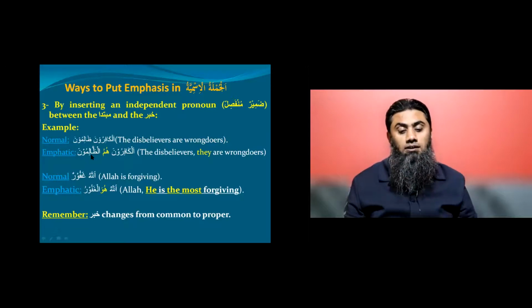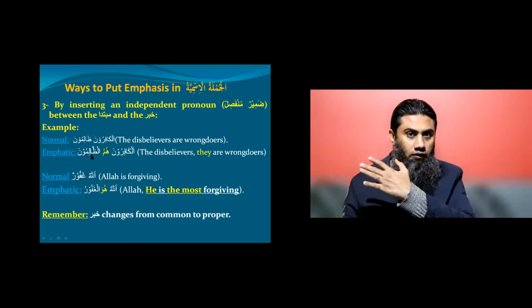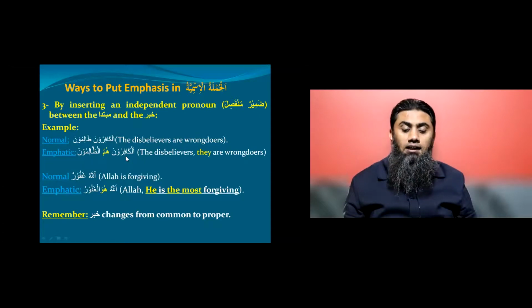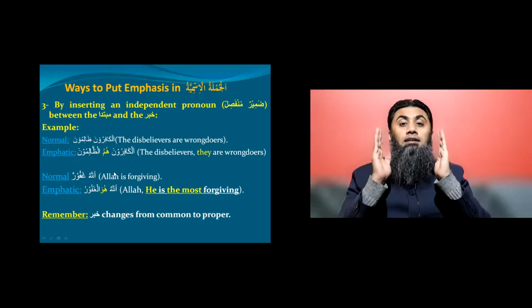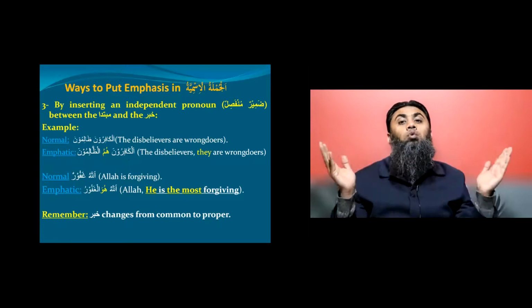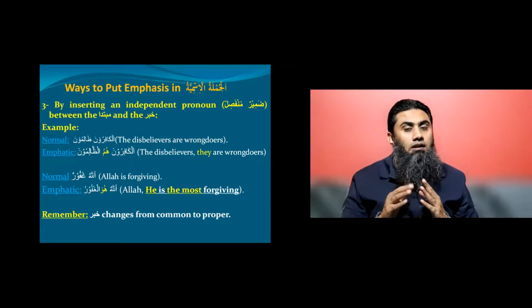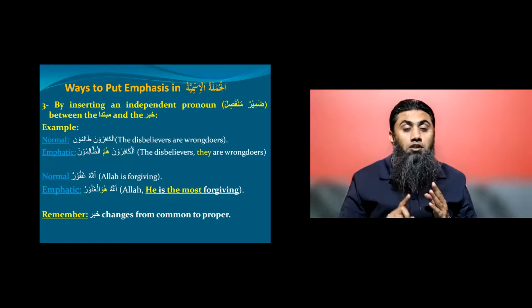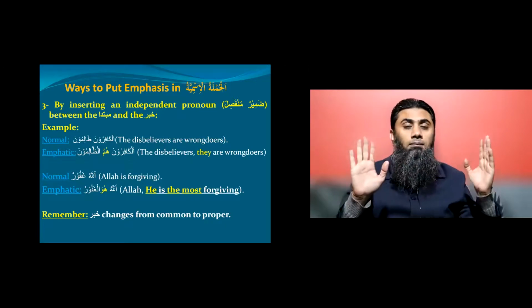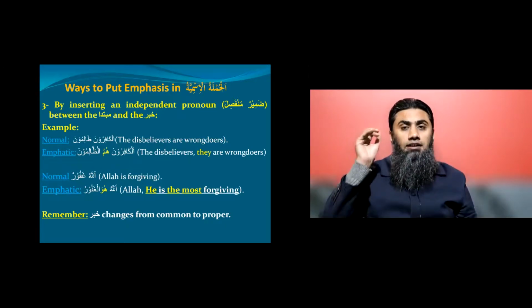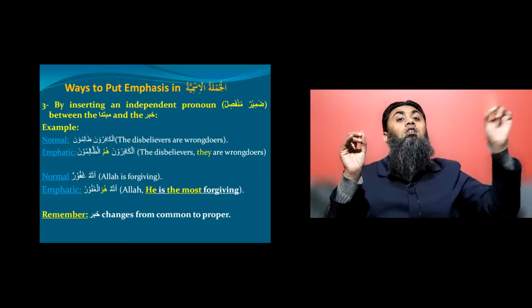Okay, remember this point. And we discussed this one before as well, in our last session. Al-kafiruna whom al-zalimuna, the disbelievers, they are the wrongdoers. You see, if I say the disbelievers are wrongdoers, this was a normal sentence. I make it emphatic by putting whom between mubtada and khabar. And now it is the disbelievers, they are the wrongdoers.